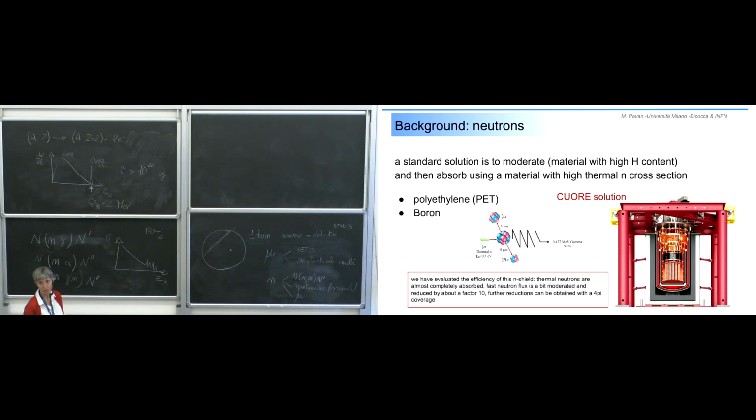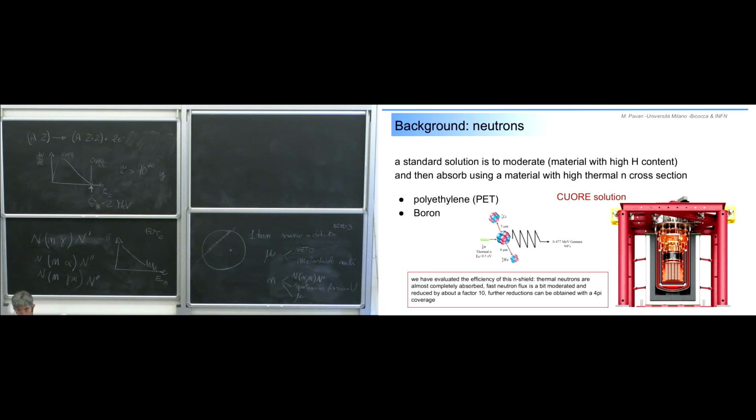Of course, I have boron here. The neutron reacts on boron and produces the alpha particle. Then what could be the danger is that this alpha particle could interact on a nucleus and produce a neutron.